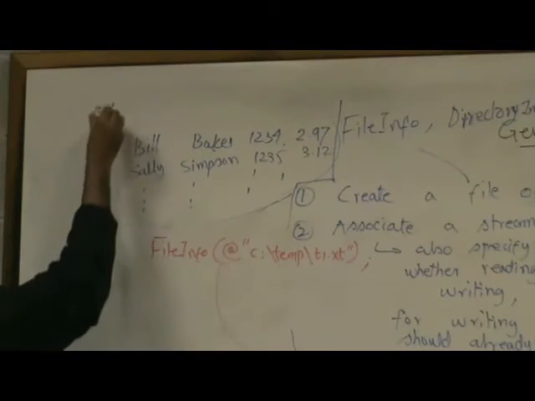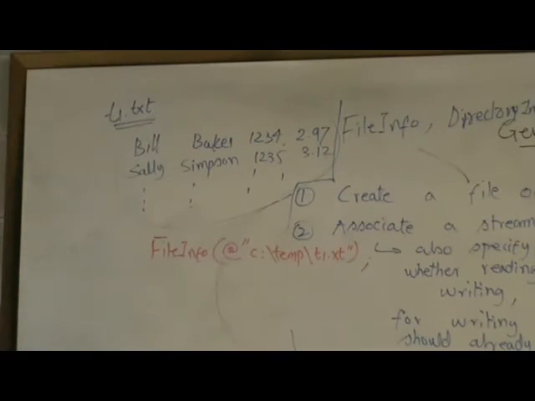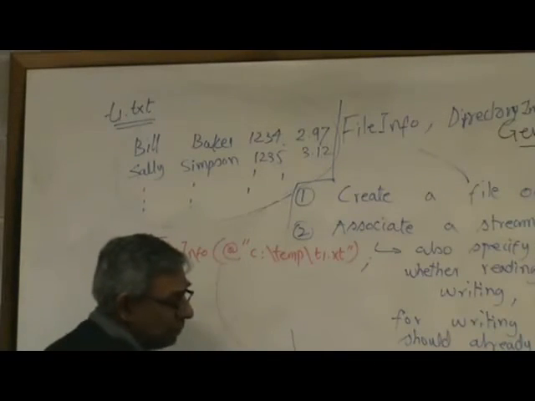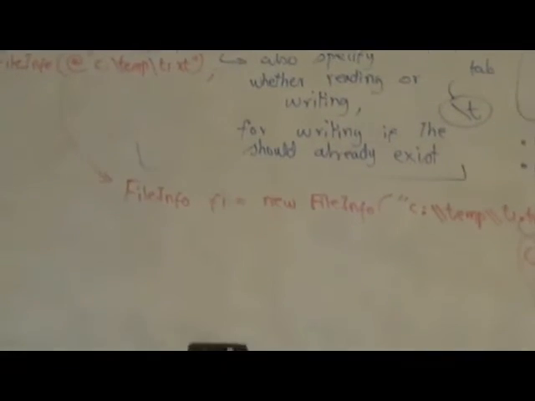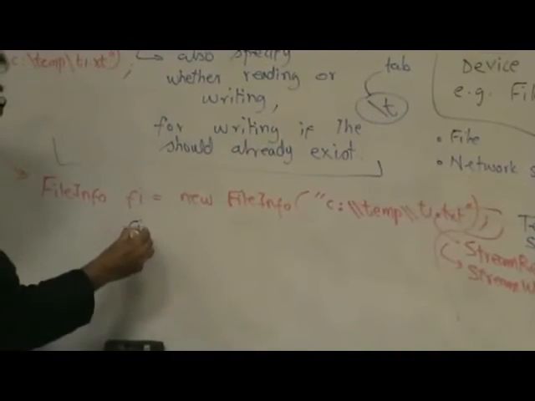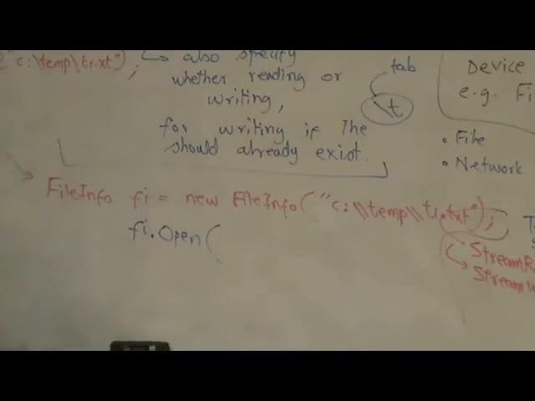Okay, so let's pretend this was already typed in a file called t1.txt, right? So we'll start out by FileInfo fi equal to new FileInfo c:\\temp\\t1.txt. Now we will associate a stream with it, so you will say fi.Open. Okay, so again, there are many variations of how we can associate a stream with it.